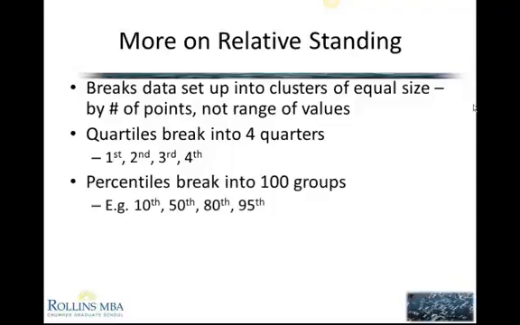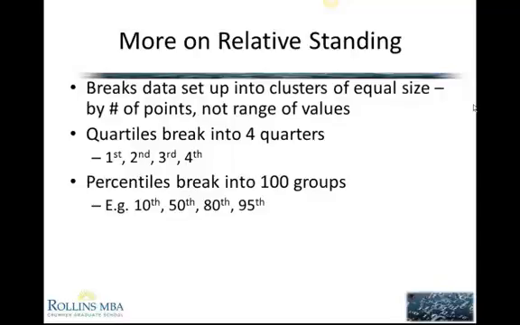Another way in which we can segment our data set is to break it up into 100 groups of the same size. And the boundaries between each of those clusters would be called the percentile values. So for example, we might have the 10th percentile value.